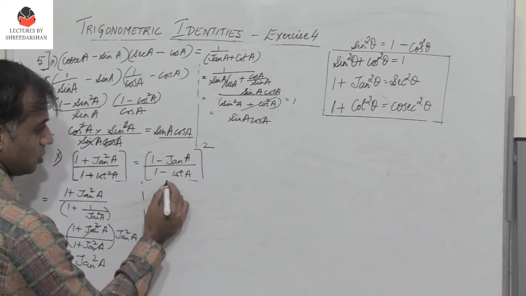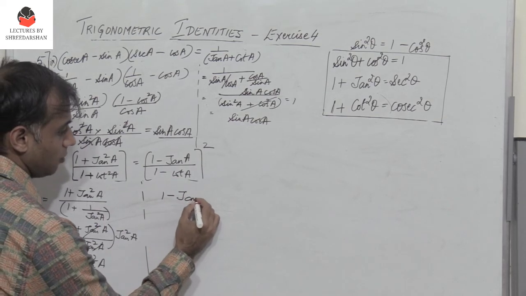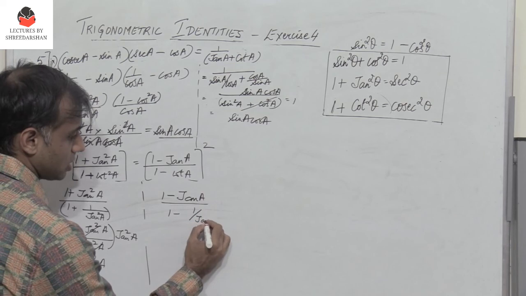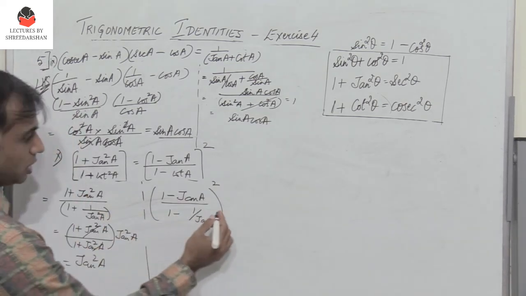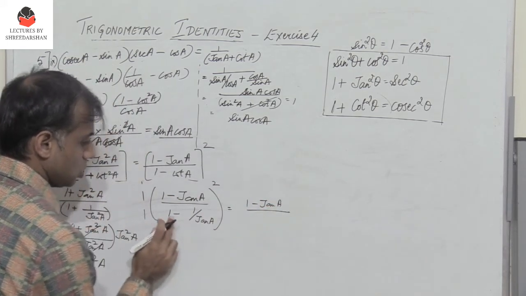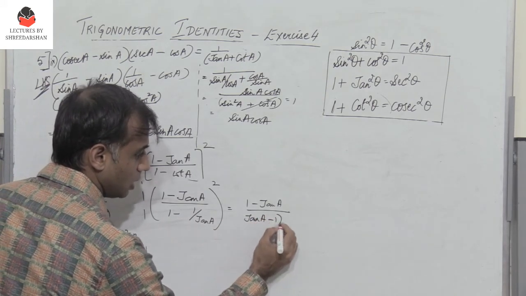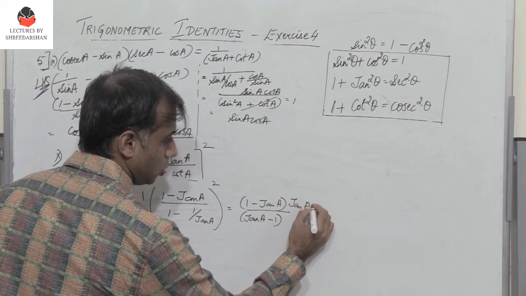So again I use the same principle of writing cot A in terms of tan A. So I have 1 minus tan A divided by 1 minus 1 by tan A, the whole square. So this can be written as 1 minus tan A divided by tan A minus 1 by tan A. So I'll take tan A to the numerator, the whole square.